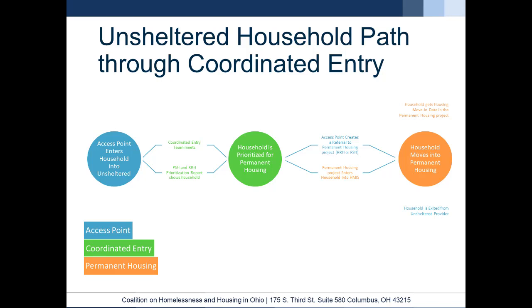They just haven't been housed yet. During that period of time, it is okay for those project stays to overlap. And once they're housed, they get exited from the unsheltered provider, and they get the housing move-in date in the rapid rehousing project. We're going to go through all that.